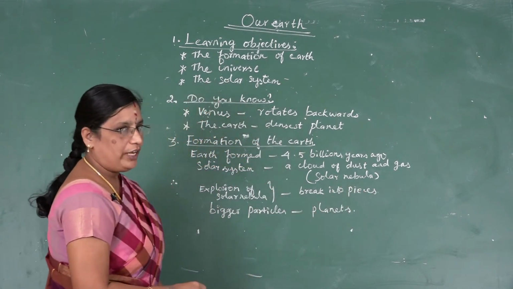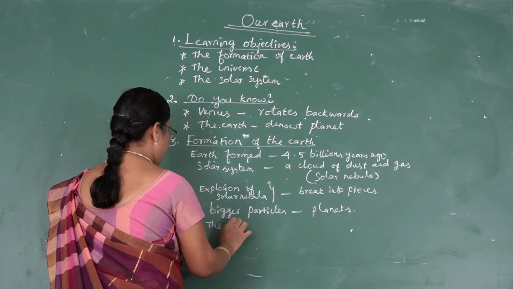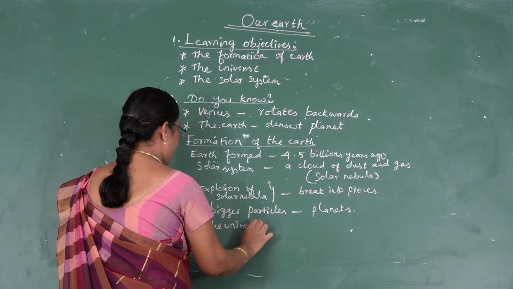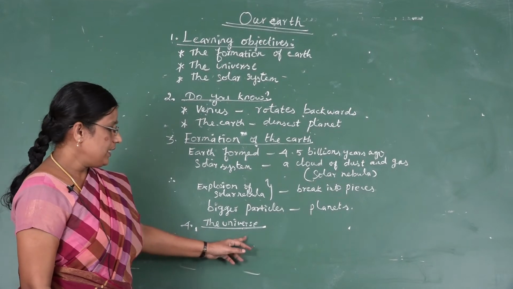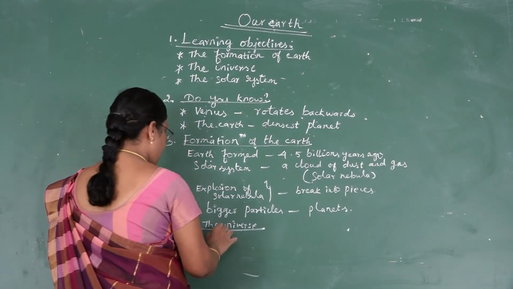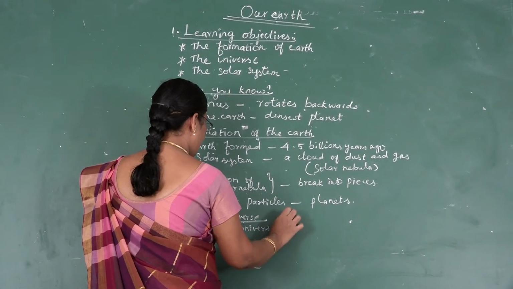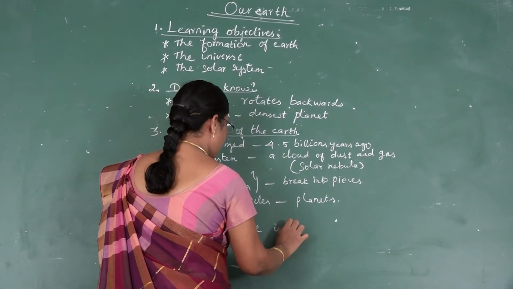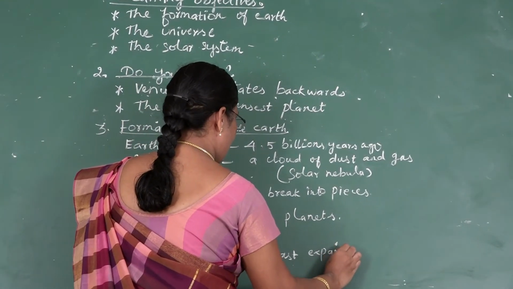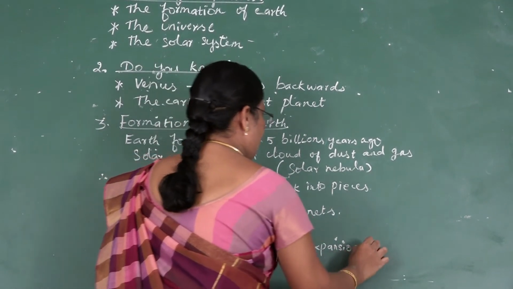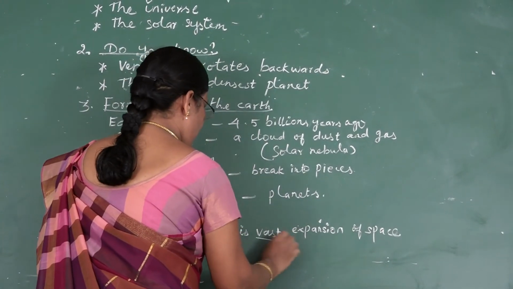The next one is about the universe. What is called a universe? The universe is a vast expansion of space. What is the meaning of vast?